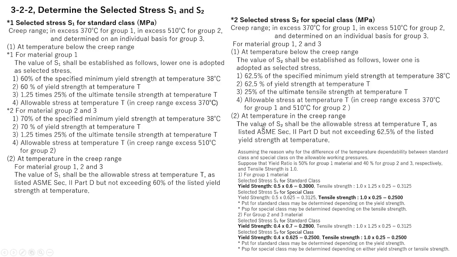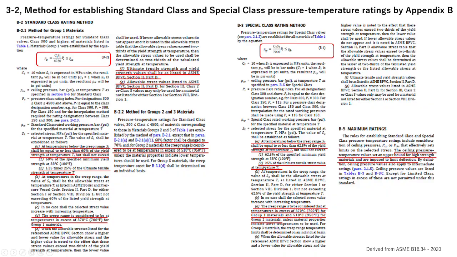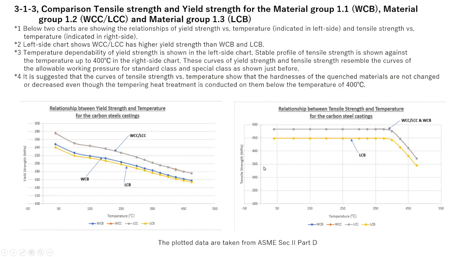So from now, we talk about assuming the reason for the difference in temperature dependability between the standard class and special class on the allowable working pressure. Again, we look up the allowable working pressure curve. This is the yield strength curve, and this is the tensile strength curve.